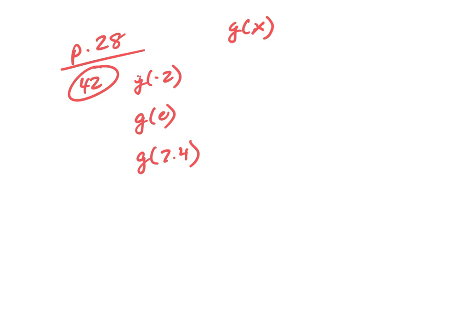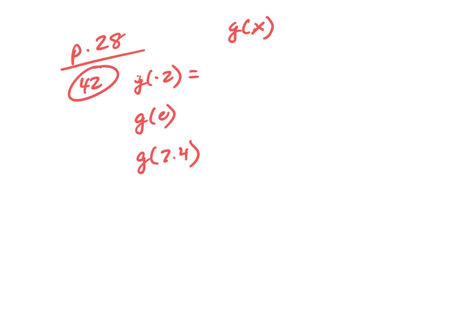It's our x value, right? So this number represents our x value. What we're trying to figure out is our output. We're trying to figure out what g of negative 2 is equivalent to. But we don't have an equation to plug it into, so we can't evaluate it that way.